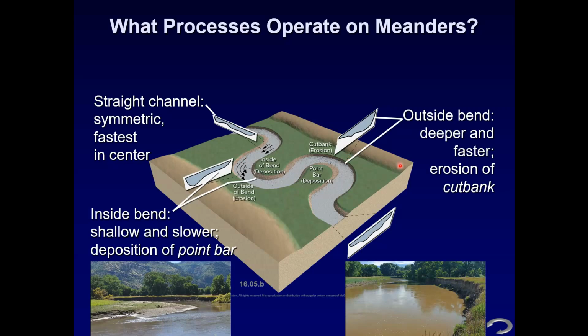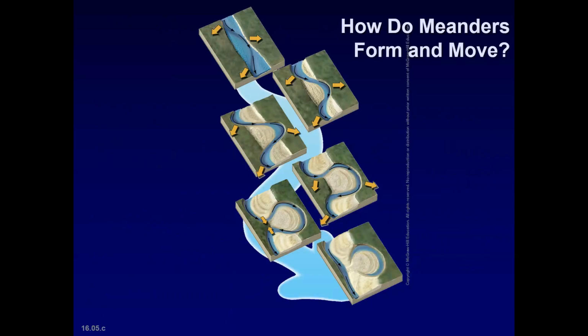And the outside bend and the cut bank, that's faster because we've got erosion happening there too. Not because, but we do have erosion happening there too. And then erosion and deposition could be balanced in this area, so we're not seeing the point bar and the cut bank together.